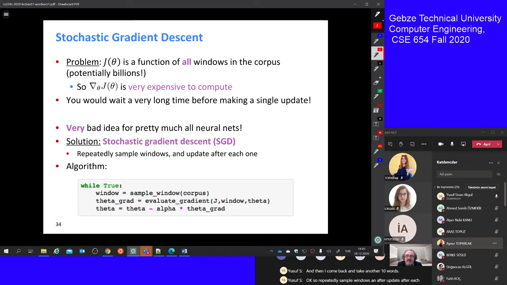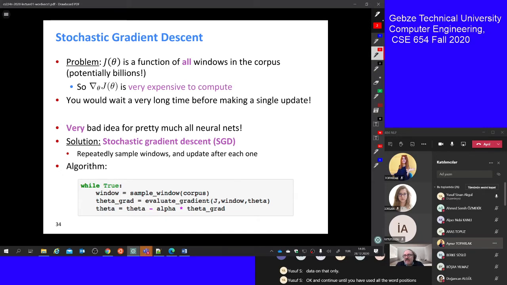That's what we are going to do. So we don't do that calculation very often, and we do this using stochastic gradient descent. It is gradient descent, but it is stochastic because we take, let's say, 10 random windows and calculate J theta on that only, and continue until you have used all the word positions.